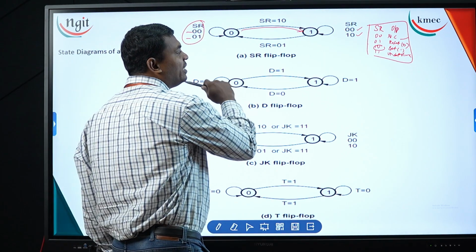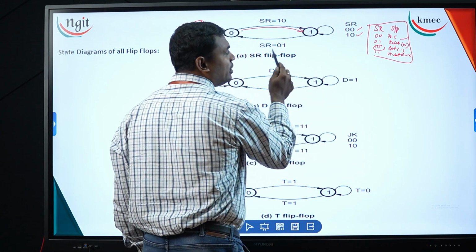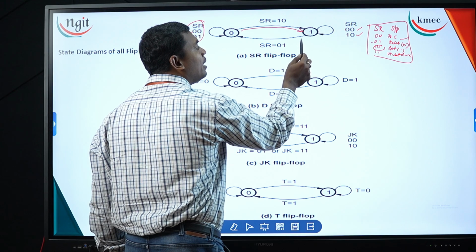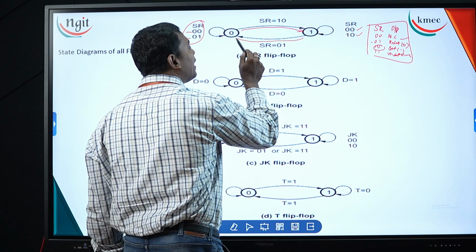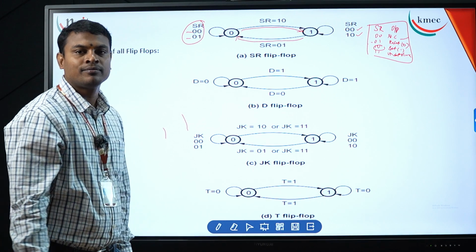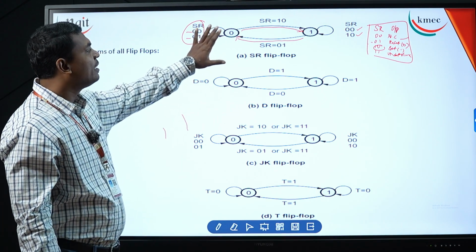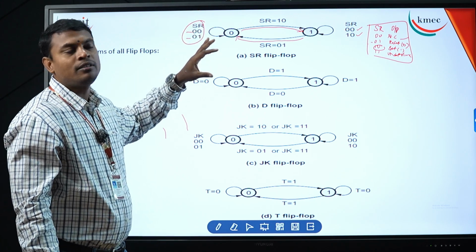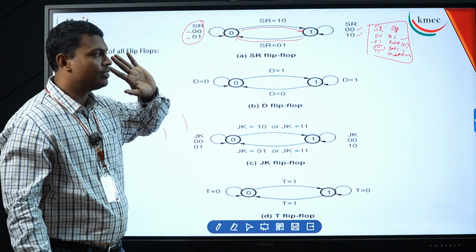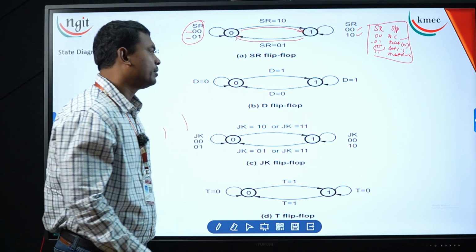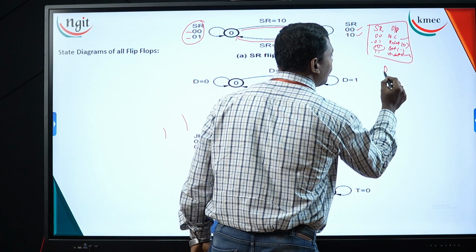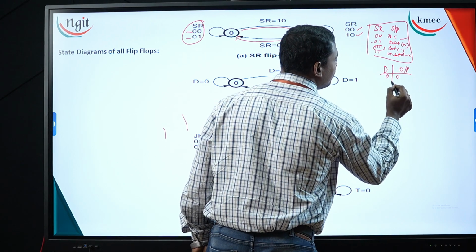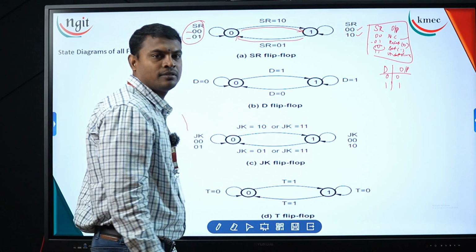Again it should come back to the initial state. It comes back on the input 01. Whenever the input 01 occurs, it moves back to the 0 state. This is the diagram we call a state diagram. A state diagram is drawn purely based on our functionality table. Let's see it with the D flip-flop too. You know the D flip-flop, with D and output: for 0 it is 0, for 1 it is 1.